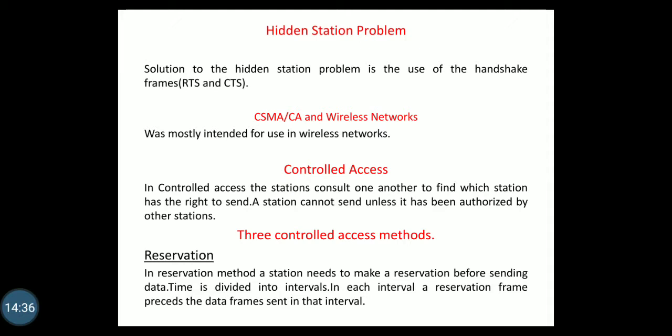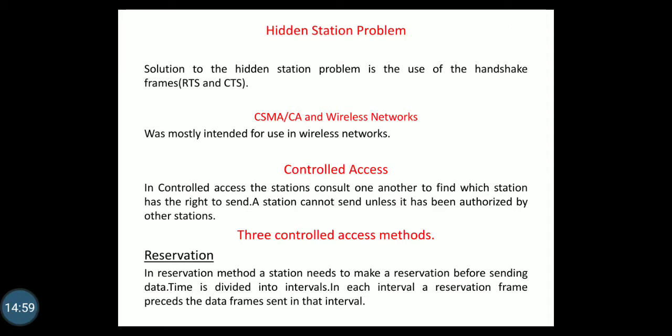First is reservation. In this method, a station needs to make a reservation before sending data. The time is divided into intervals, and in each interval, a reservation frame precedes the data frame sent in that interval.